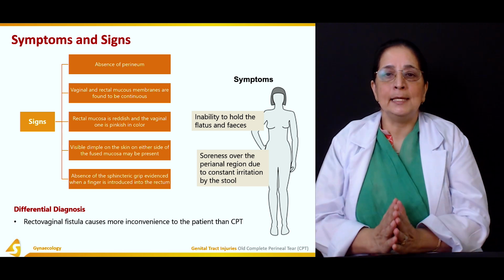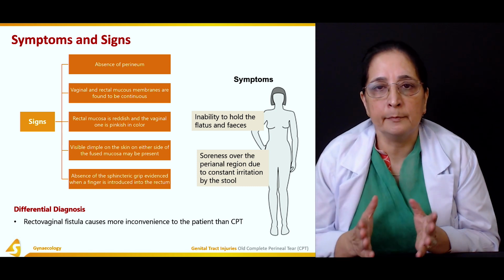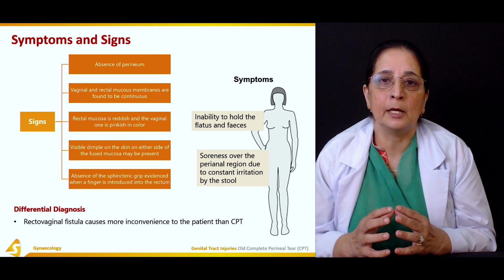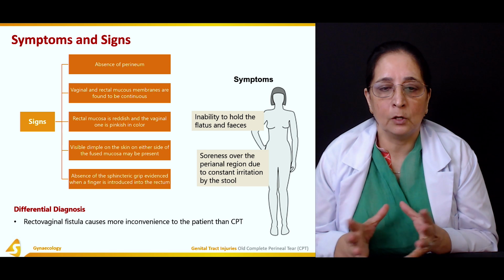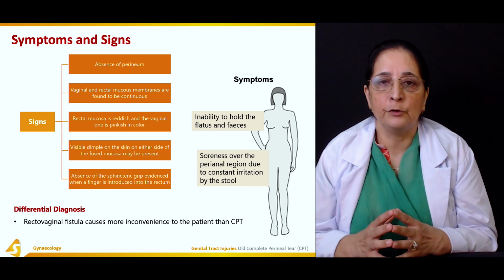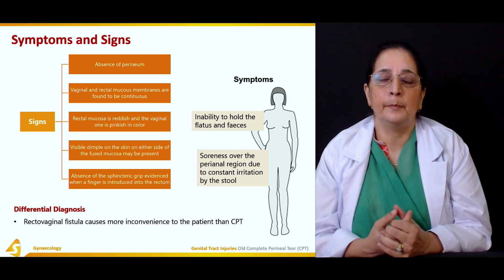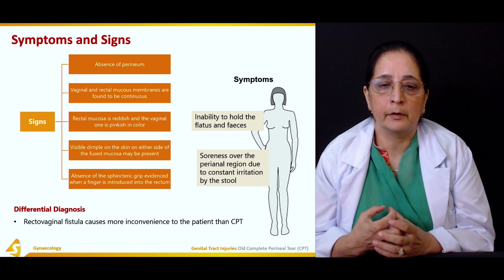So all the signs: the perineum may be absent. When the perineum is absent, there is continuation between rectum and vaginal mucosa, and dimples are present on either side of fused mucosa, and absence of sphincter grip, because when the finger is inserted, there is no grip.